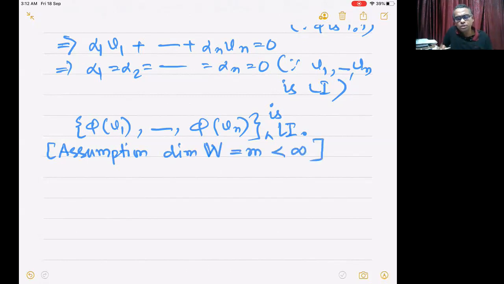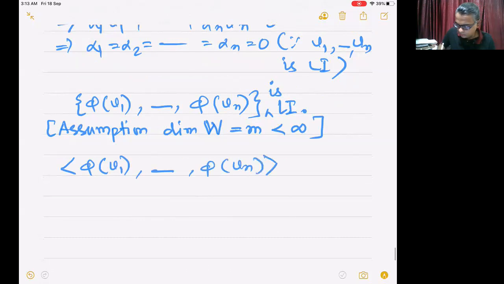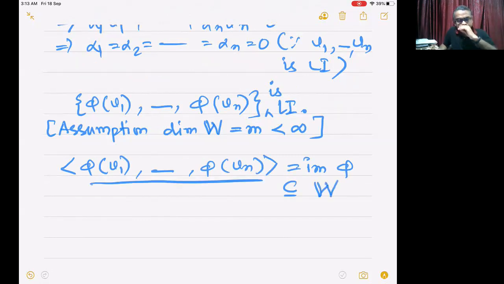So W is also a finite dimensional vector space. Now, span of phi v1 up to phi vn must be the image of phi. This is in general a subspace of W, and this is a basis for the image of phi, right? So I have a subspace for which I have a basis. This basis can be extended to a basis of W, right?